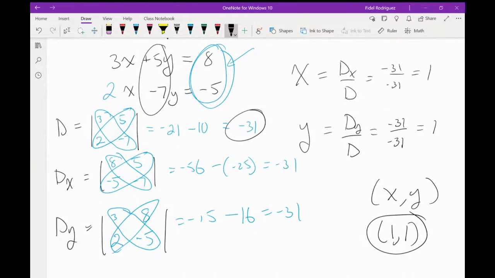Did you get those same numbers? Did you get -31? Yes, I got -31 d, and then I got dx -31, and then dy I got -1. Okay, but did you have a -15, -16? I only got 15 minus 16, and I think because shouldn't we have a 3 and a -5?